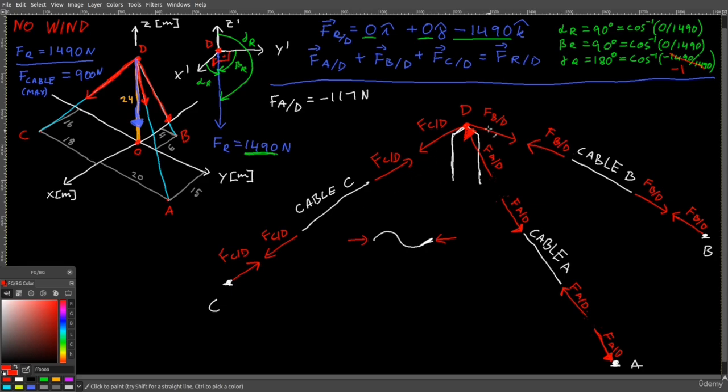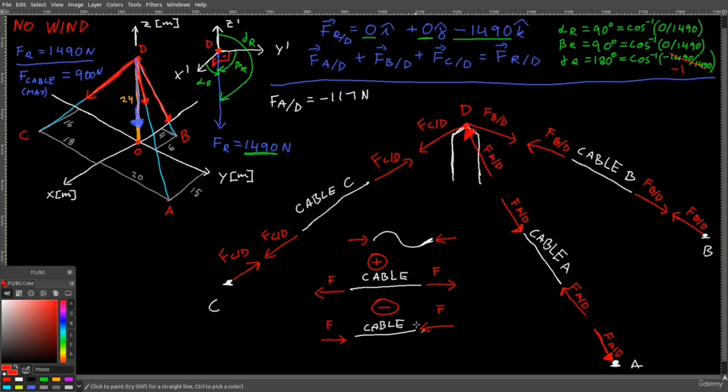break. And so in general, when you work with these kinds of problems, this is the convention. This is your cable. If the cable is in tension, then forces are positive. And if the cable is in compression, then the forces are negative. Which means that in this connection point D, if your cable is in tension, then from the point of view of point D, a positive force is outwards.